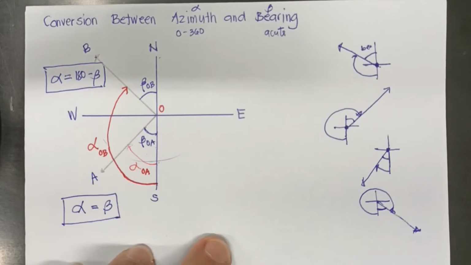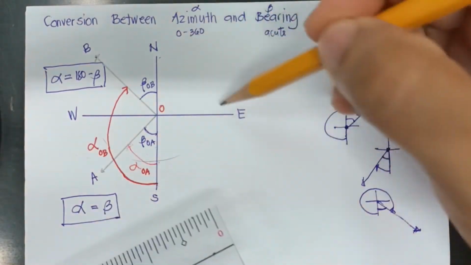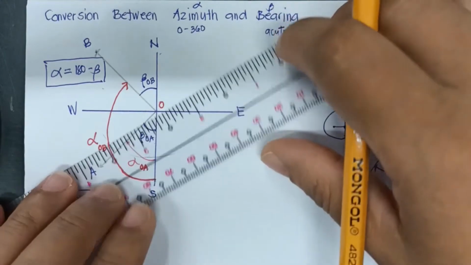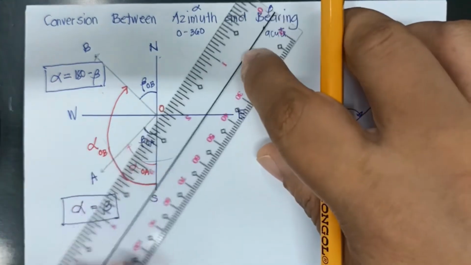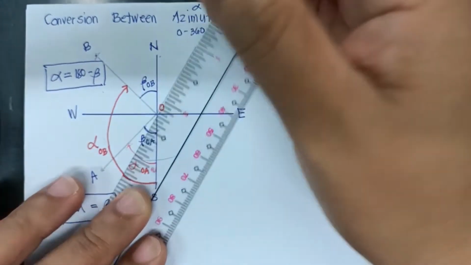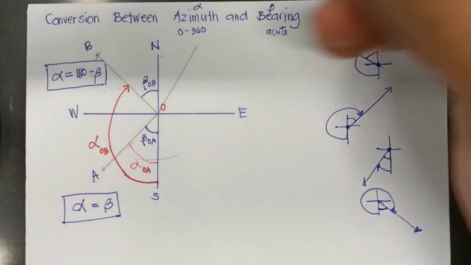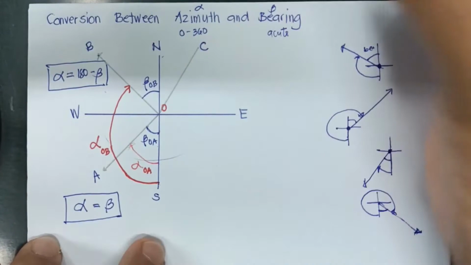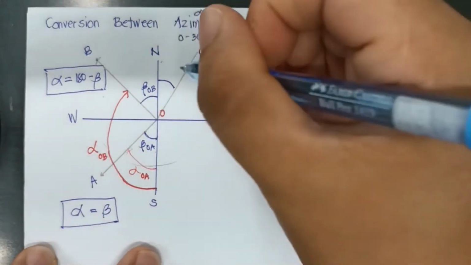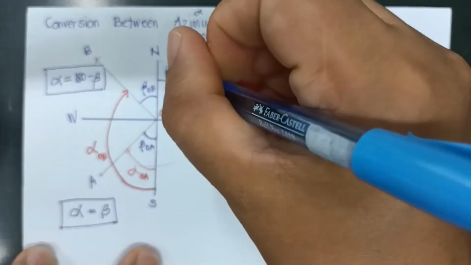How about if your line is going in this northwest direction? Let me draw a line. For example, I have this line, and maybe this is point C. Then of course, this is the bearing OC.